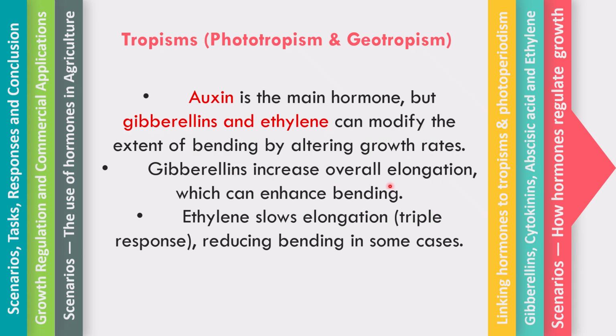Gibberellins increase overall elongation, which can enhance bending. Ethylene slows elongation, the triple response, and reduces bending in some cases.